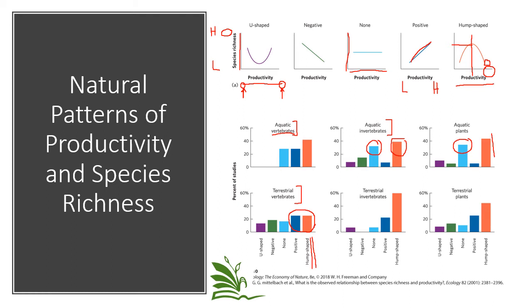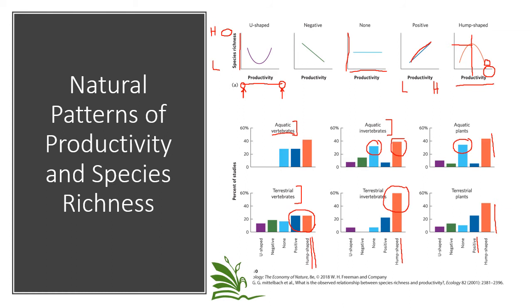For terrestrial invertebrates, the hump-shaped pattern overwhelmingly predicts the relationship between species richness and productivity. And we also see the same pattern in terrestrial plants, with some studies finding positive relationships similar to terrestrial vertebrates. It's interesting, right?